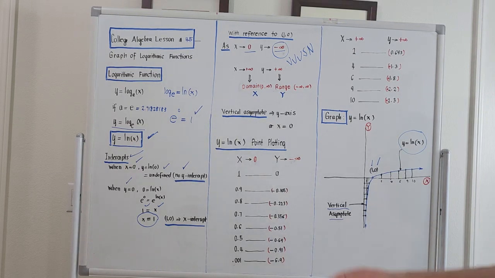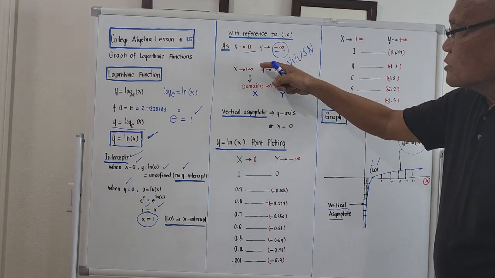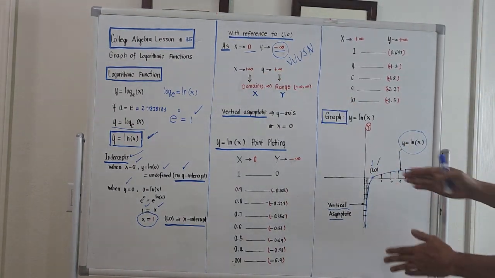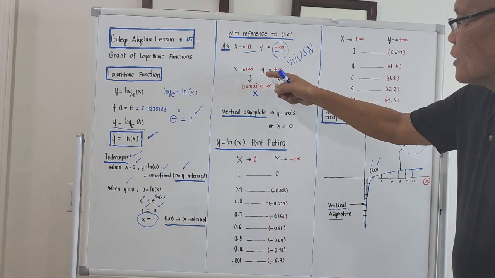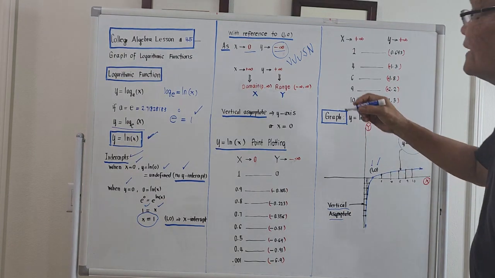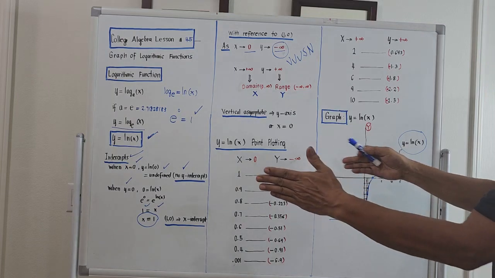Or how about the value of x going to the right? As x approaches positive infinity, meaning any value greater than 1, to the right, what will be the value of y? We can compute it again by using point plotting.